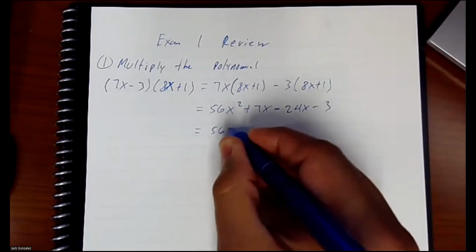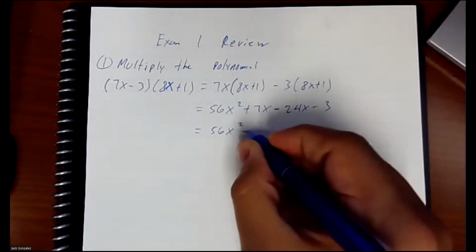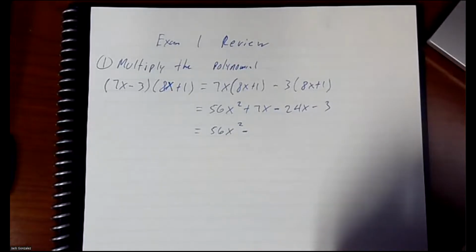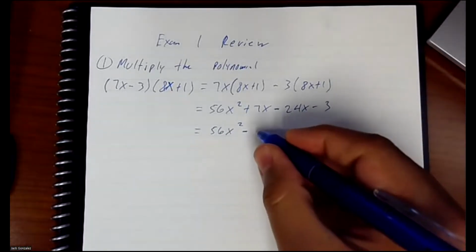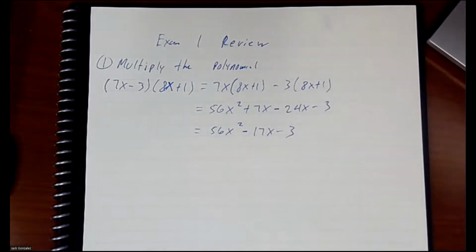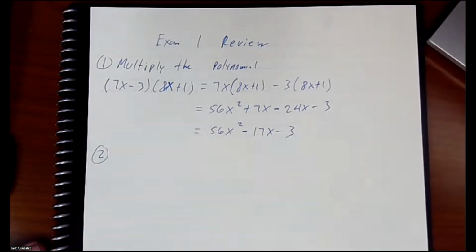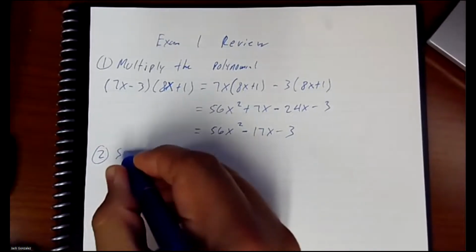So just super basic, just multiply it out and you'll be good. 7 minus 24 will be negative 17, right? That's all there is to do. So we'll move on to number 2. Any questions on number 1? No. Number 2 is very similar, so I'm going to leave that to you.